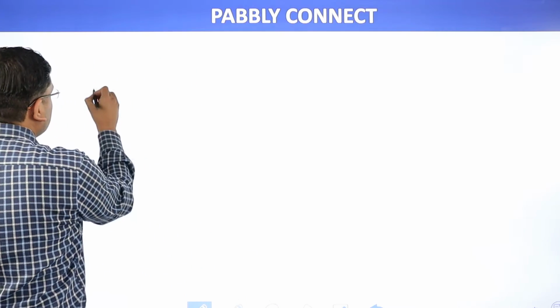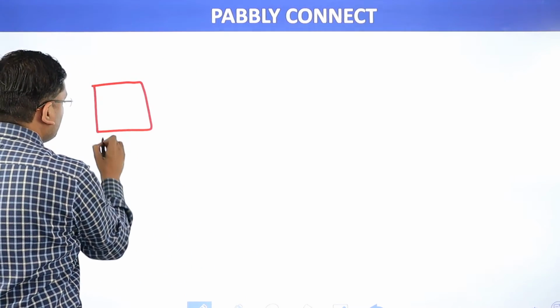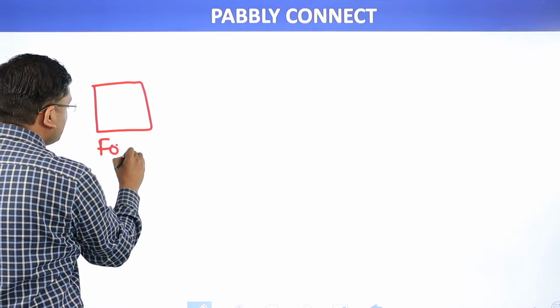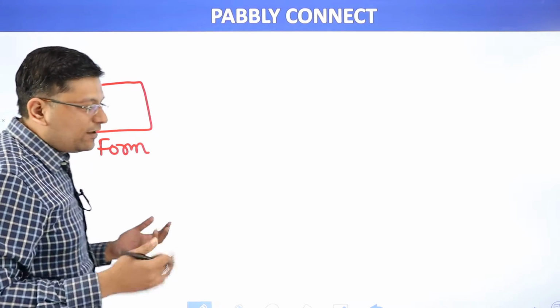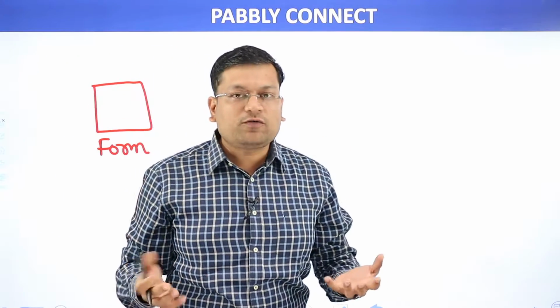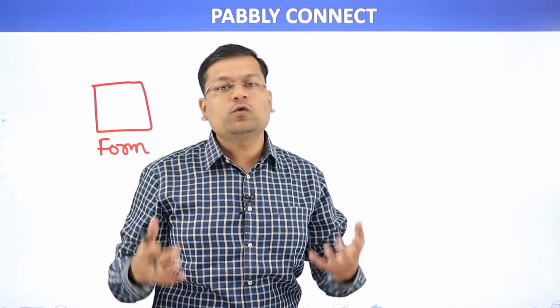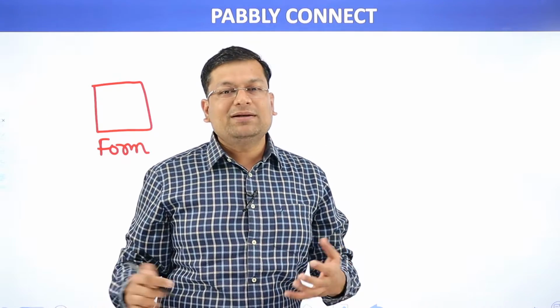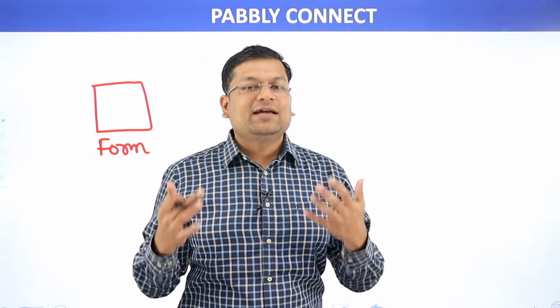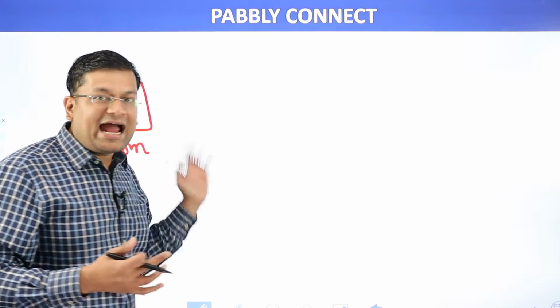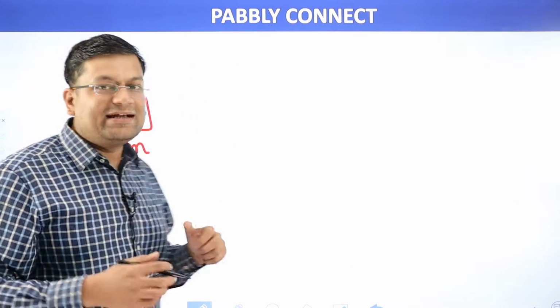Let's imagine this is one of your form solutions from which you are capturing some kind of data. It may be a Jotform, it may be a Wufoo, it might be a Pabbly Form Builder. Just imagine any form solution through which you are collecting some lead or data. It can also be a Facebook lead ad account from where you are collecting a lead.